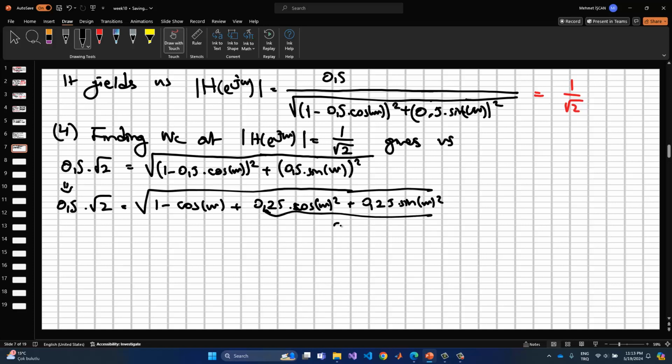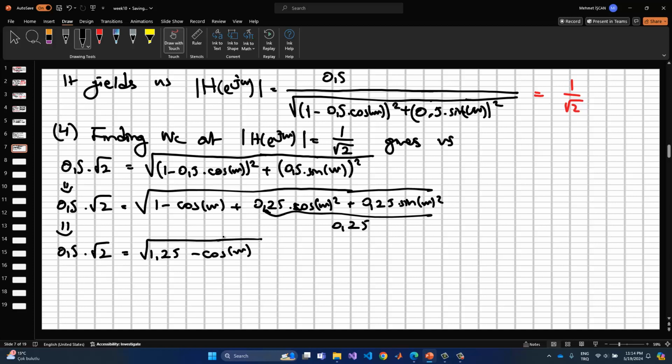This yields us 0.25, because cos² plus sin² is always equal to 1. Okay, and so this simplifies to 0.5 square root 2 equals 1 divided by 1.25 minus cos ω, as can be given in here.